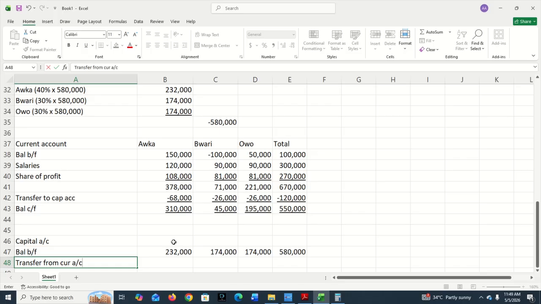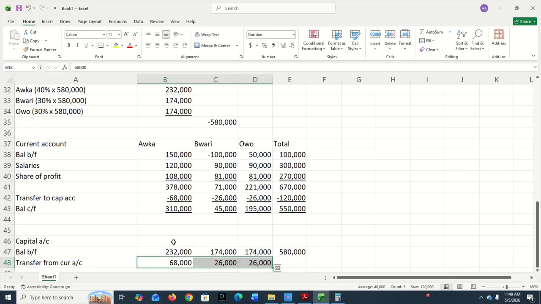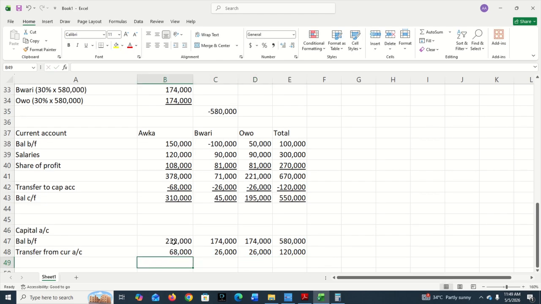So please, your capital account most times does not change unless you transfer to or from it, and you'll be told in the question. So we have 68,000 for this, you have 26,000 for this, I have another 26,000 for this. So how much would that be in total? That will give me 120,000. Okay, so let's add up. So how much is our closing balance?